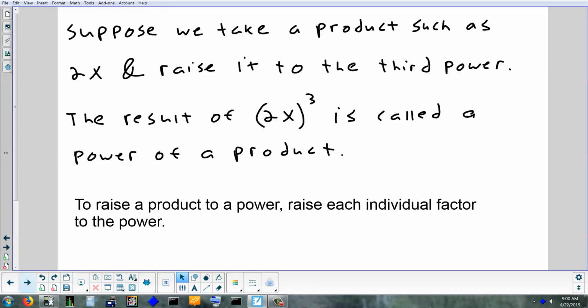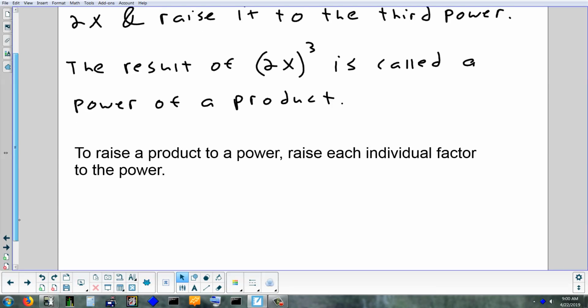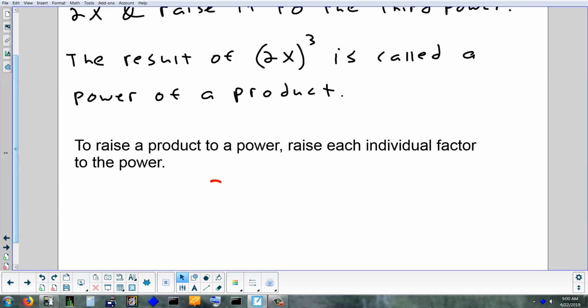All right? So suppose we take a product such as 2x and raise it to the third power. Like this. It's called power of a product. So I'll show you how it works. You don't have to worry about writing this down. So it's 2x to the third. Remember, whole numbers and different letters are always separate. So the 2 and the x are separate from one another.